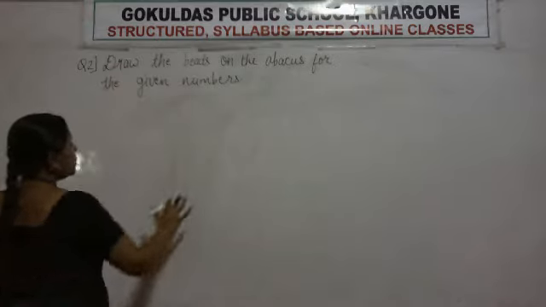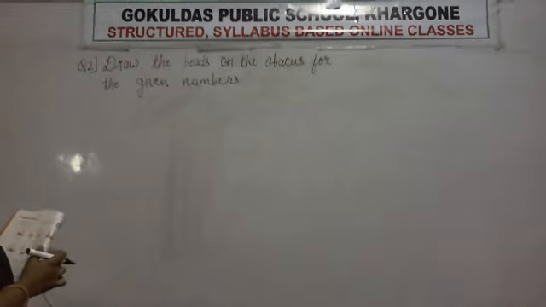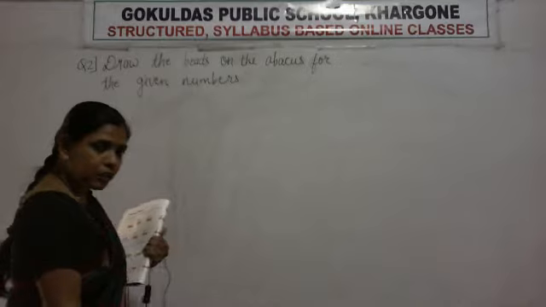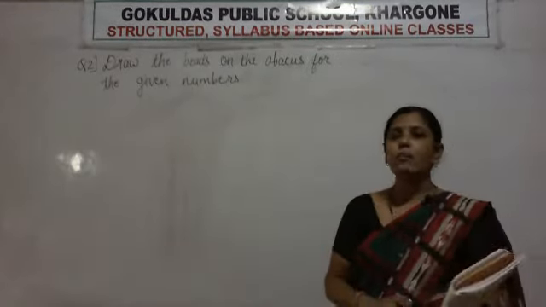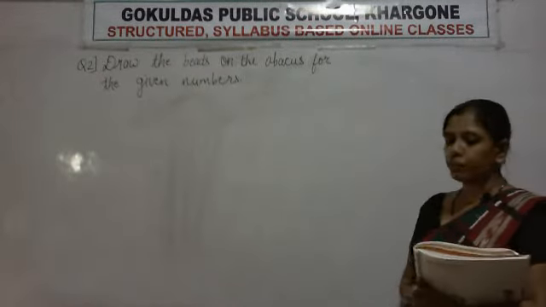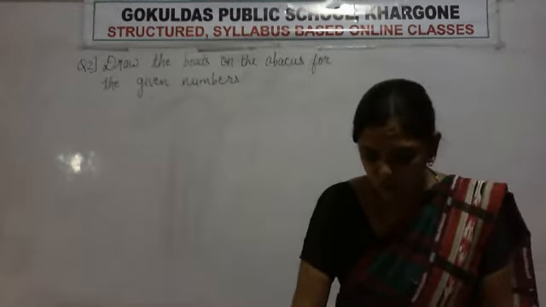Draw the beads on the abacus. That means you have to draw the number of beads on the abacus for the given number. The number is given to you, and according to that given number we have to draw the number of beads on the abacus. So first copy the question correctly from the board.